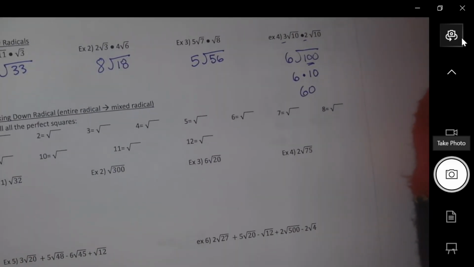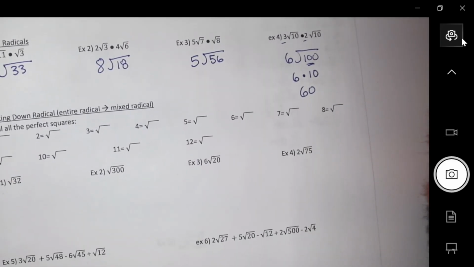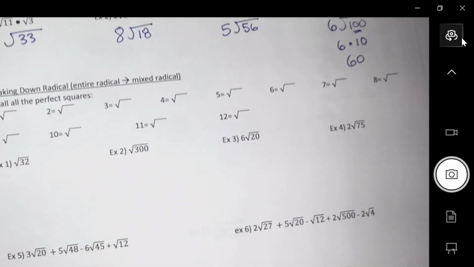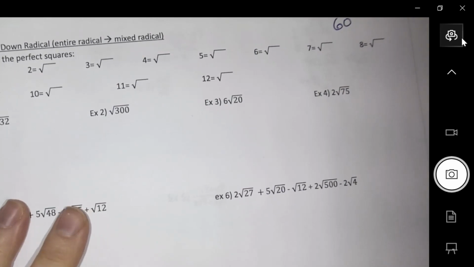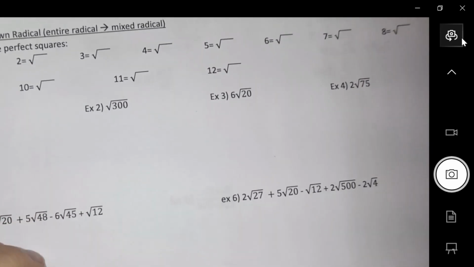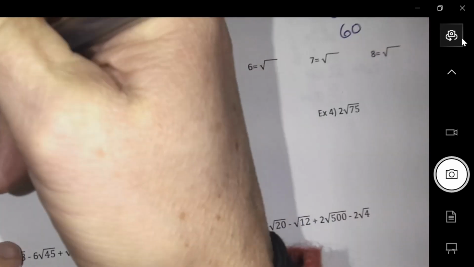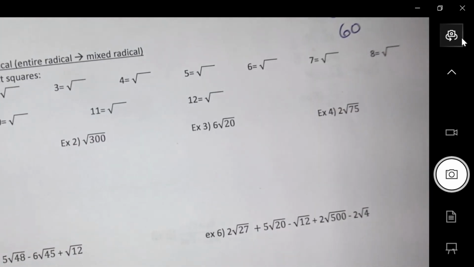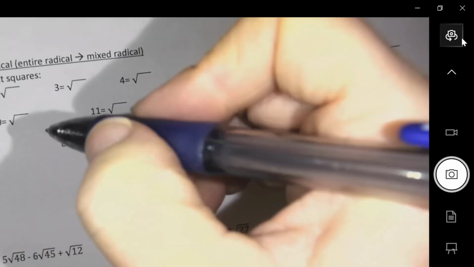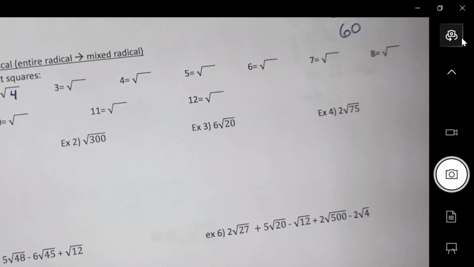Breaking down radicals, it is very important to familiarize yourself with the perfect squares. So the first perfect square is 1. And then the next perfect square is 4. You got them all?